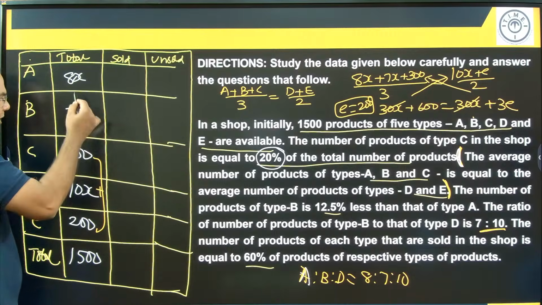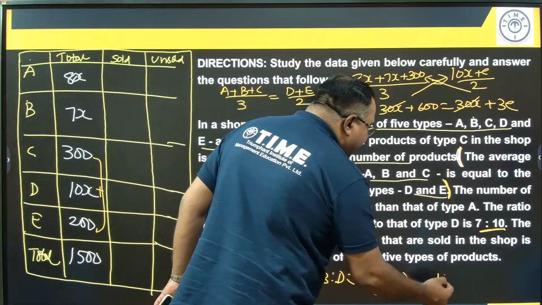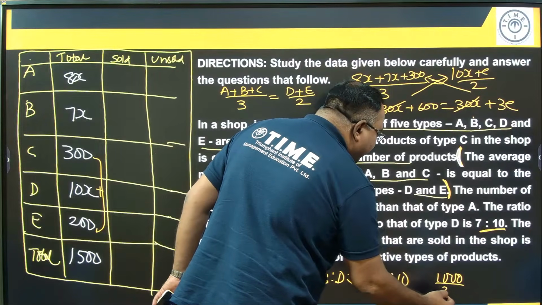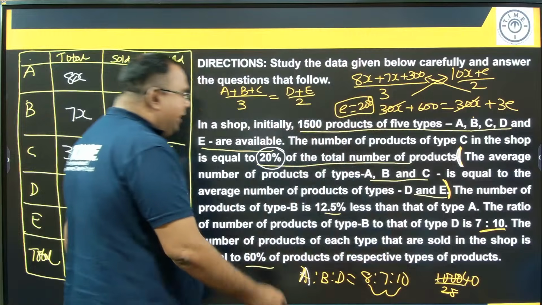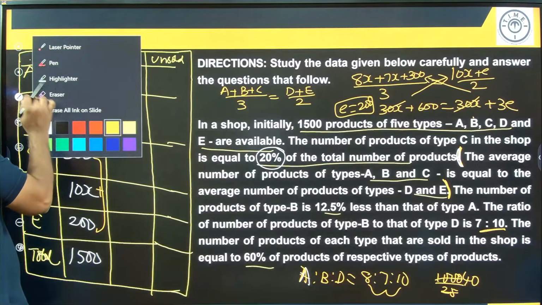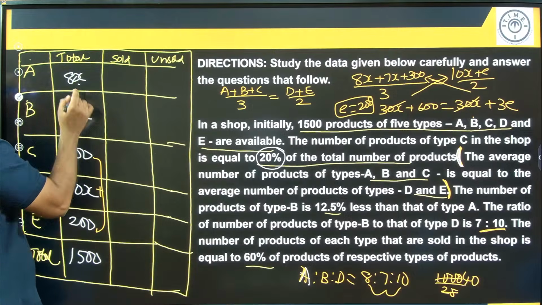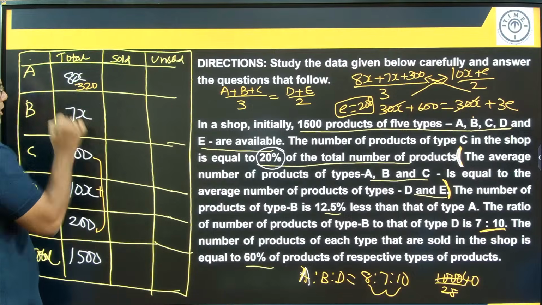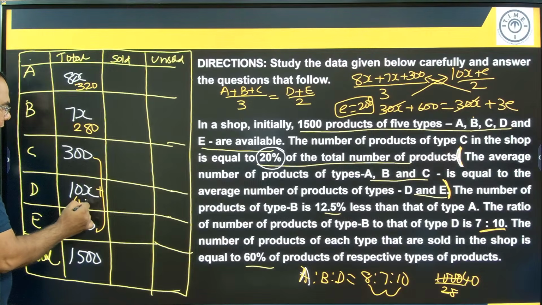If I remove 500, these three should be 1000. So 15 plus 10, 25 parts, 1000. Each part will be 1000 by 25. Each part will be 40. So A 8 parts, 8 into 40, A is 320. 7 into 40, 280. And 10 into 40, 400.